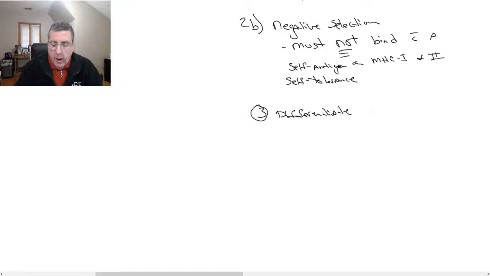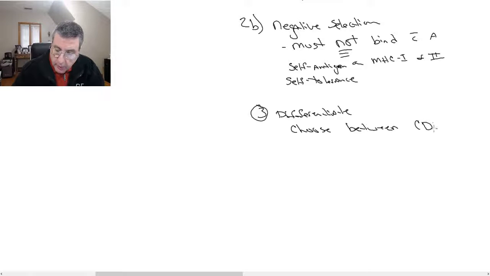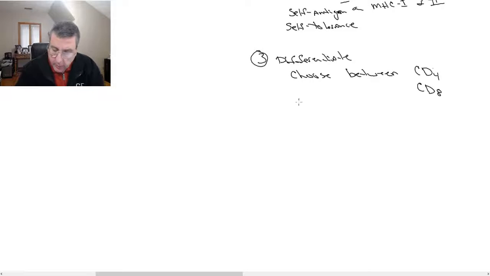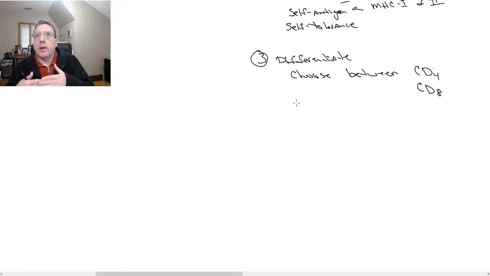Okay, and here they choose CD4 and CD8. Remember, going back to that top. Now, what those receptors are: when they leave the bone marrow going to the thymus, they have a T cell receptor, the TCR, and both CD4 and CD8.